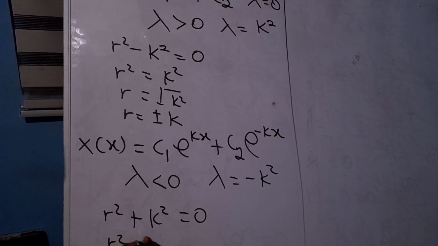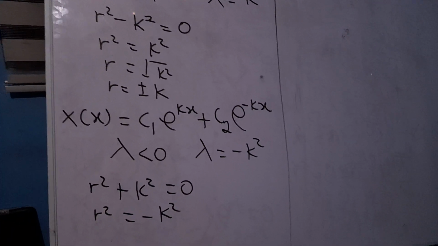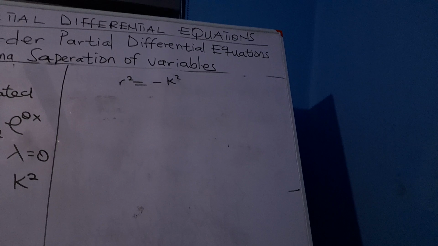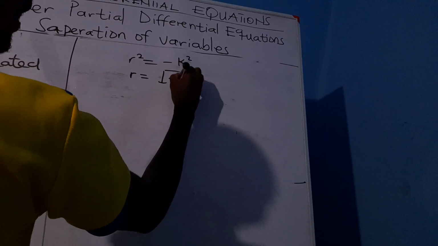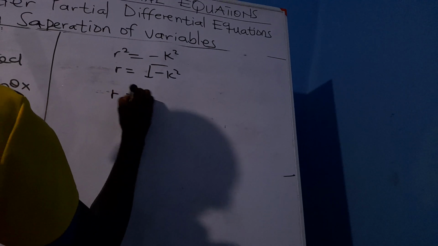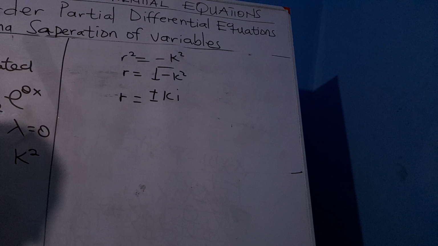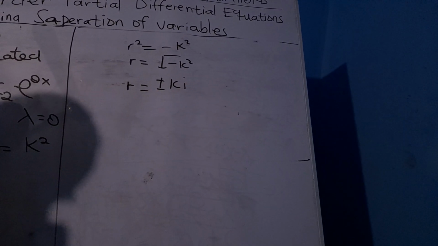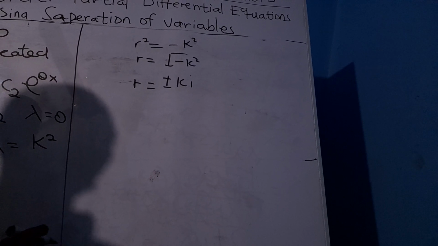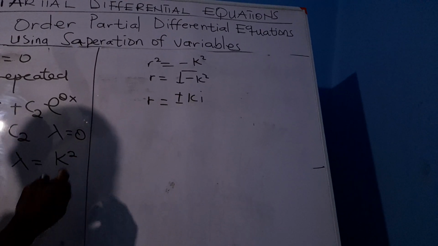So our r squared will be equal to negative k squared. When we find the square root of both sides, r will be equal to the square root of negative k squared. And remember, this will be equal to plus or minus ki, a complex number where the real part is 0, and the coefficient of the imaginary part is k.